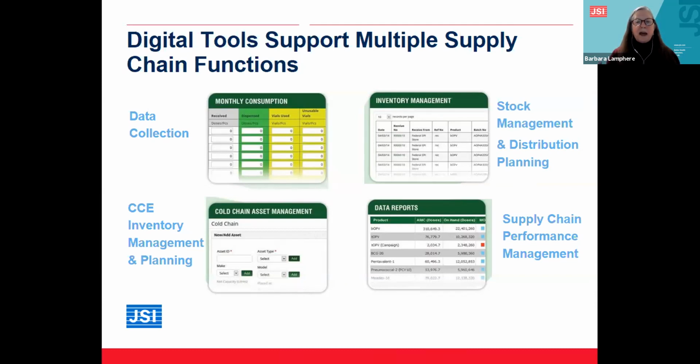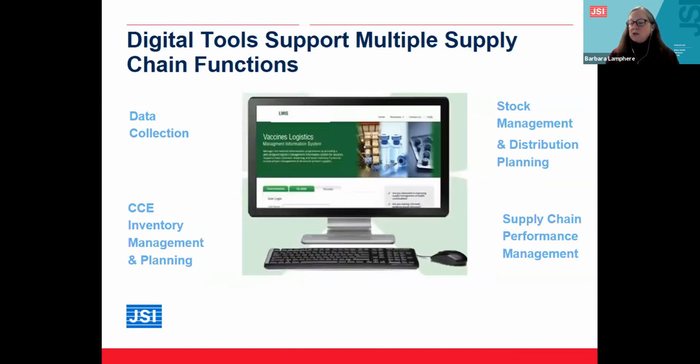And so you can have tools that are for separate functions of the supply chain, but better yet is to integrate those tools into an ELMIS, like the VLIMS system that we saw in the last webinar, that was demonstrated in the last webinar, and that integrates program data and logistics indicator tracking, remote temperature tracking, and cold chain equipment management in one place.